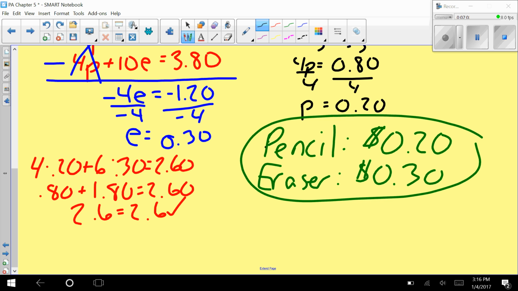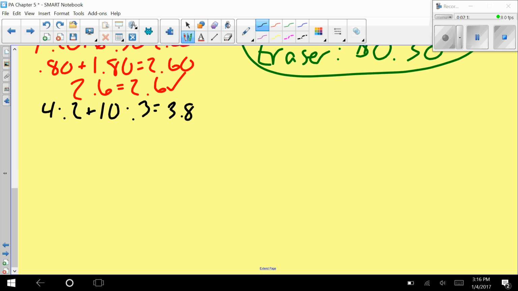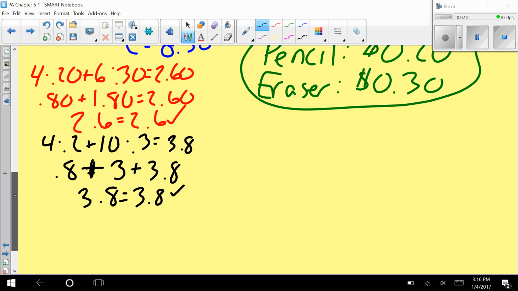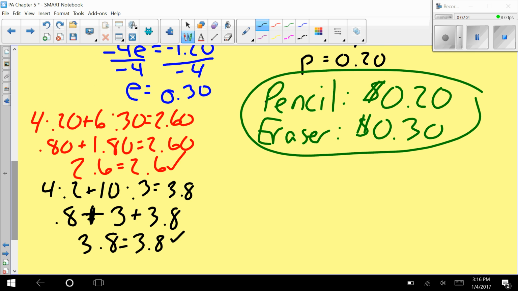For the other equation, 4 times 0.2 plus 10 times 0.3. Hopefully that equals 3.80. 4 times 0.2 is 0.8. 10 times 0.3 is 3. 3 plus 0.8 is 3.8. So it works out. My solution is that a pencil costs 20 cents and an eraser costs 30 cents.